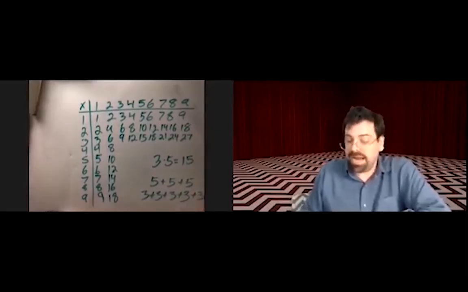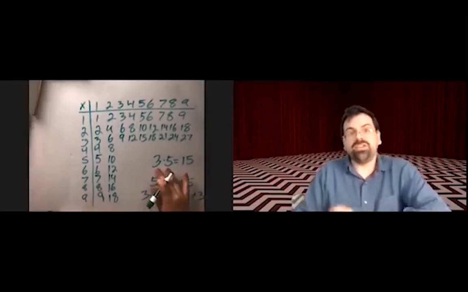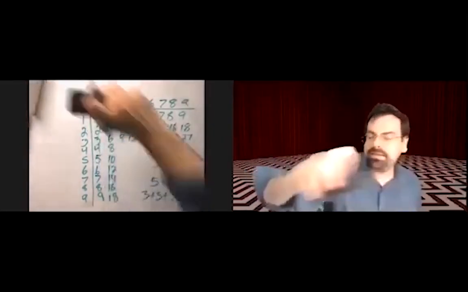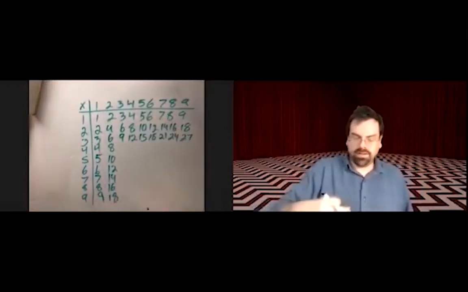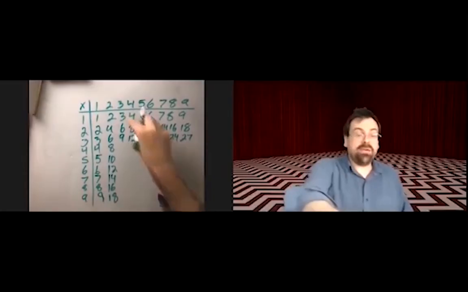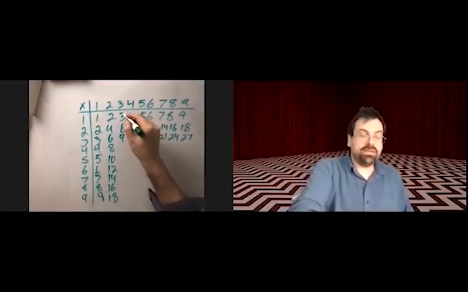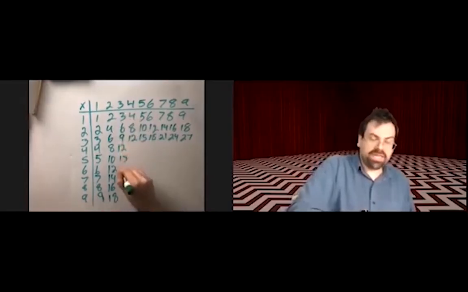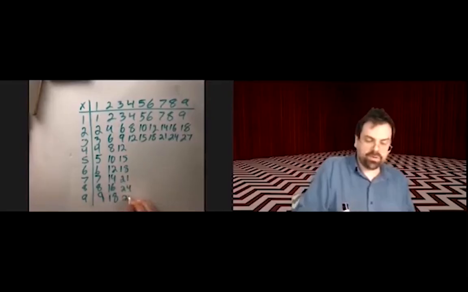Have the 5 or have the 3 5 times. That's also 15. So multiplication, the times is just telling us it's repeated addition. And that's why we can make a multiplication table by skip counting, by threes. 3 plus 3 is 6, plus 3 is 9, 12, 15, 18, 21, 24, 27.